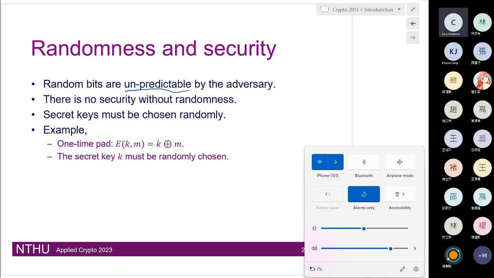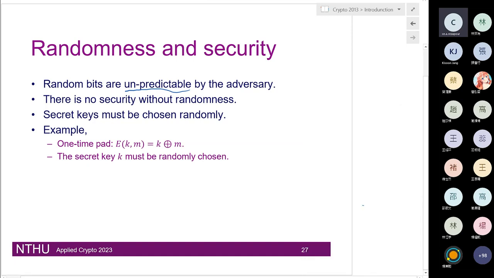Soon we would discuss different crypto systems, and we would notice that if our bits are predictable, then the entire security of the crypto system could be jeopardized. So it is very important to make sure that bits are unpredictable.